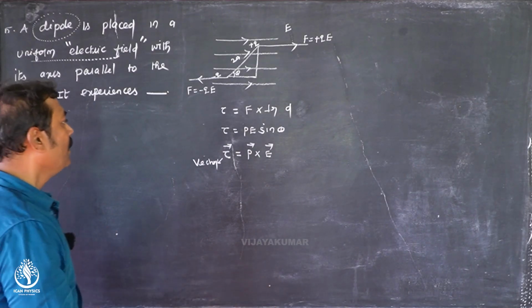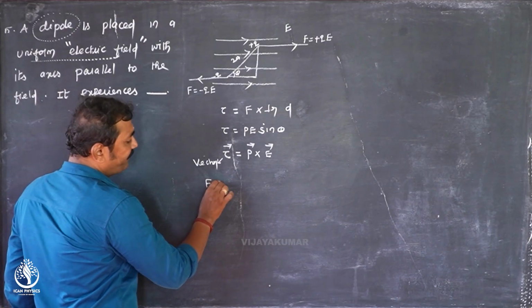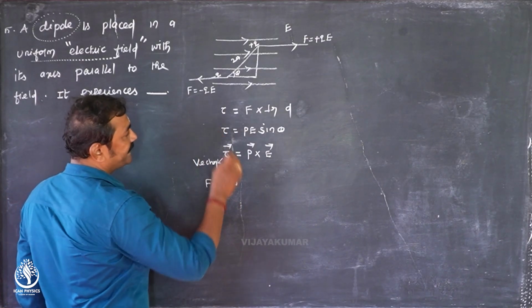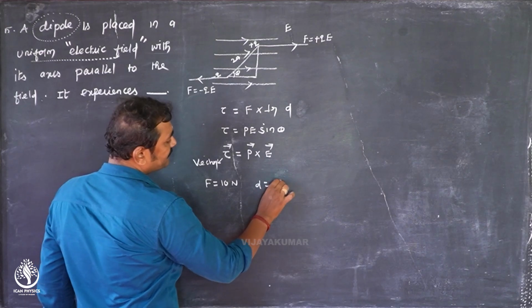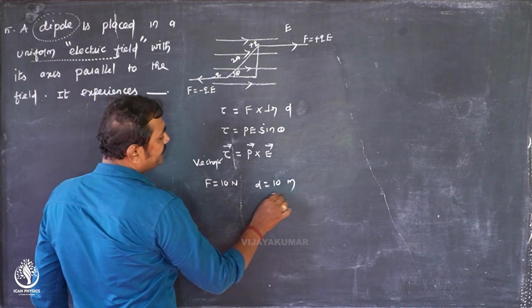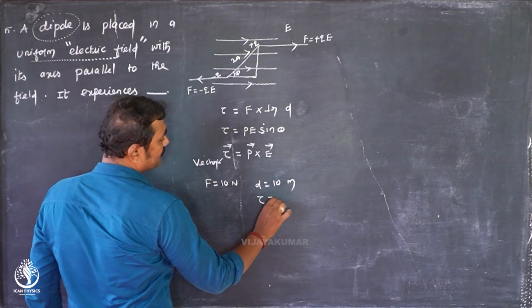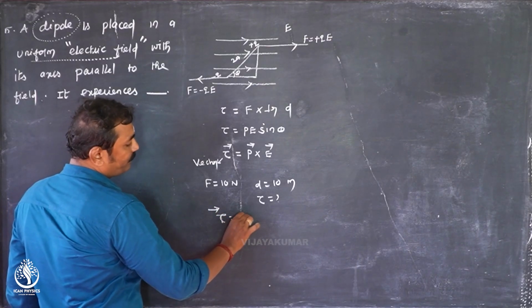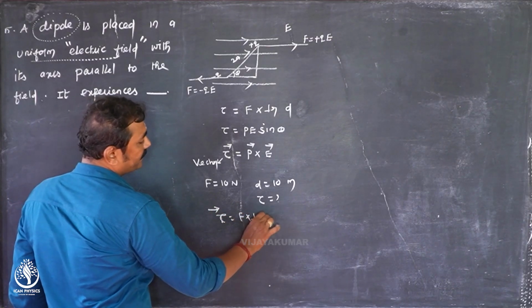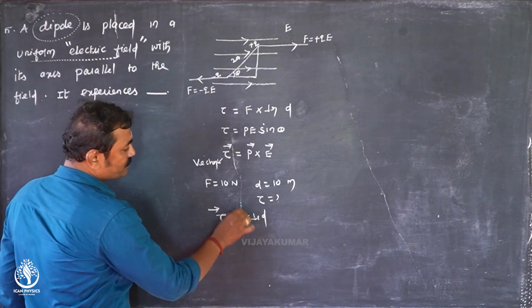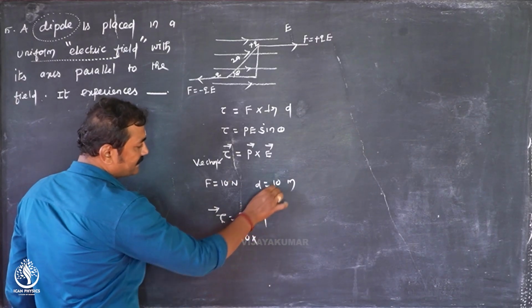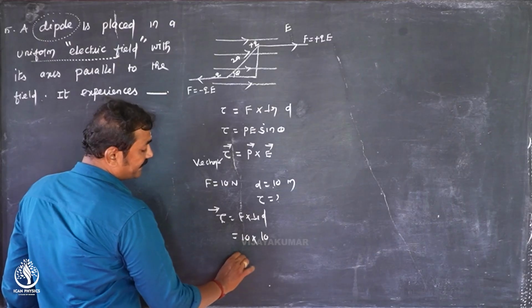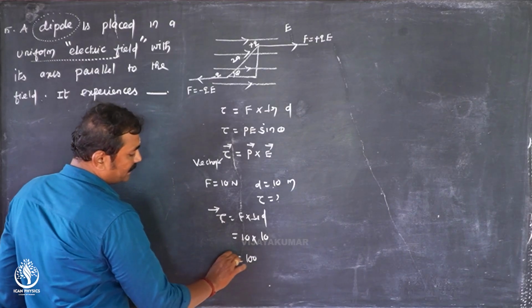So how can we solve? If F equals 10 Newton and the perpendicular distance is 10 meter, what is the torque? Torque tau equals force into perpendicular distance. The force value is 10 and the distance value is 10, so 10 into 10 is 100.